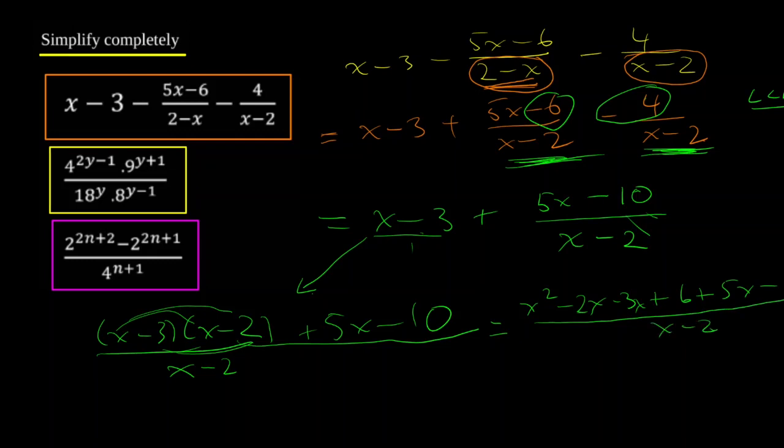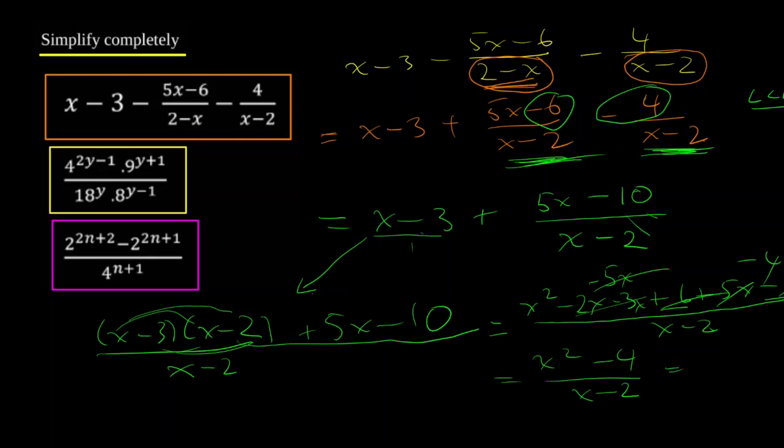So now I'm going to have minus 5x plus 5x, so that zeroes out, and this becomes plus 6 minus 10, so I get minus 4. So on top I'll have x squared minus 4 over x minus 2.